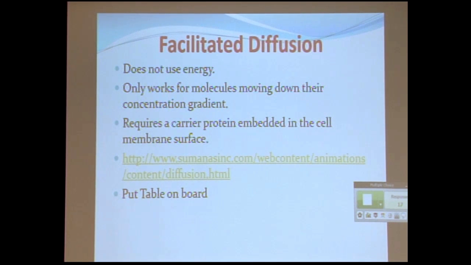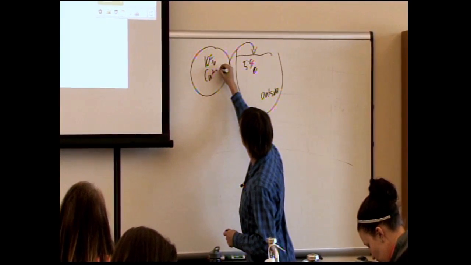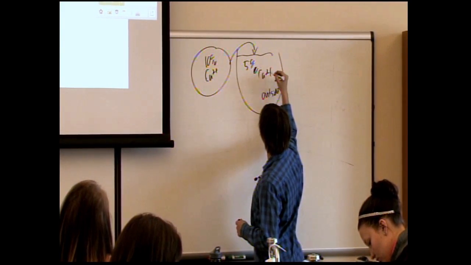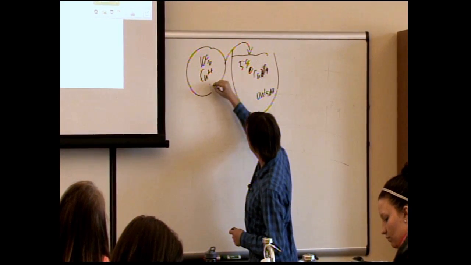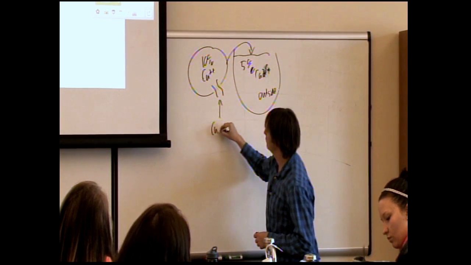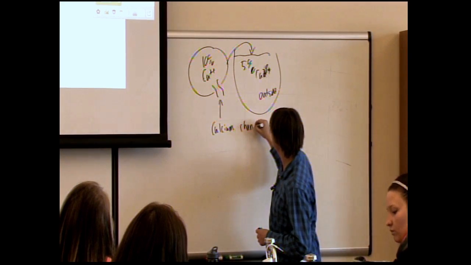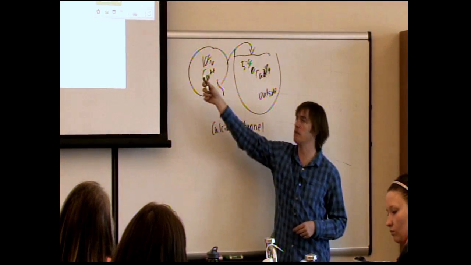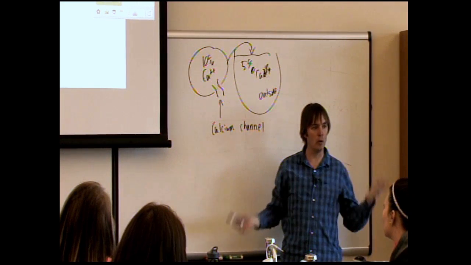So for example, if you were doing this calcium one before, let's say there is a little calcium channel. Now the calcium can leave the cell and go into the solution because there's a special hole for it that opens up.